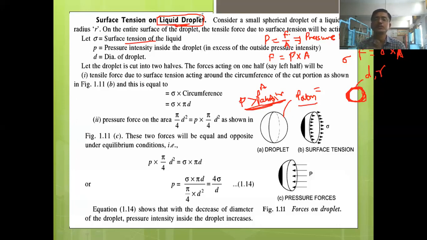Are you getting my point? So these are two equal and opposite forces. We can equate these two forces and we will get the expression for surface tension. So this is the logic behind this derivation.